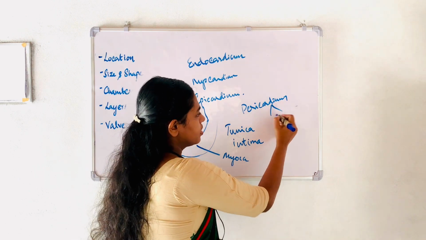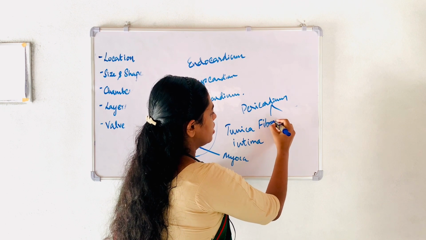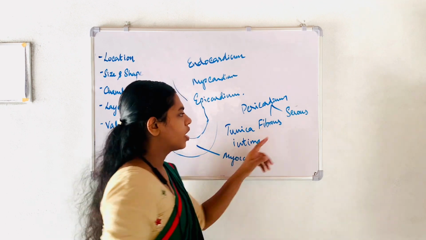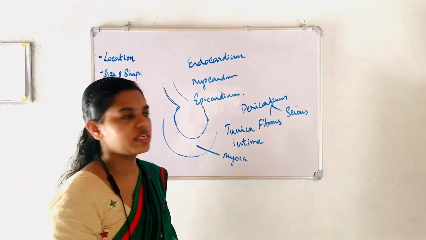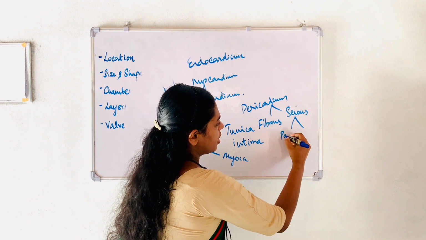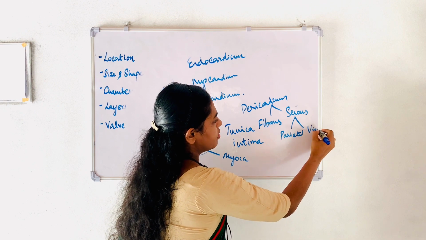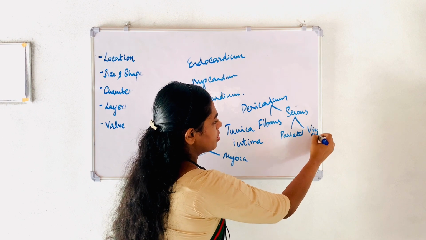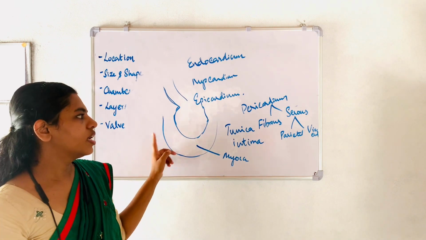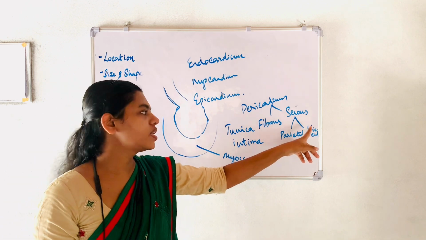That has two layers: outer fibrous layer and inner serous layer, and this serous layer consists of outer parietal layer and inner visceral layer. So pericardium is the covering of the heart, and that consists of two layers, fibrous and serous pericardium.